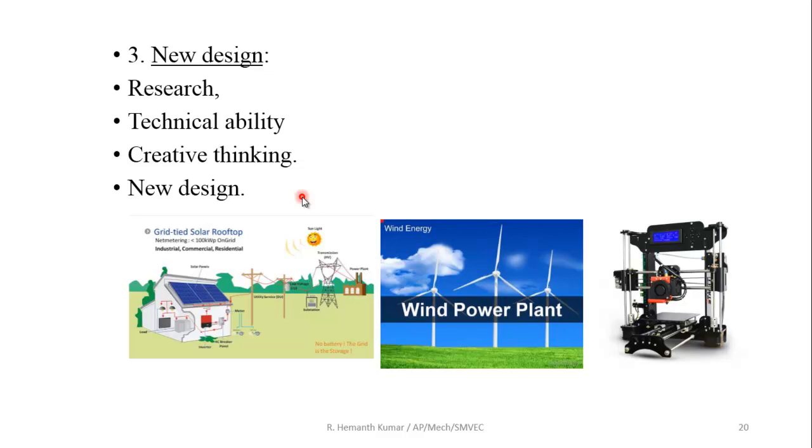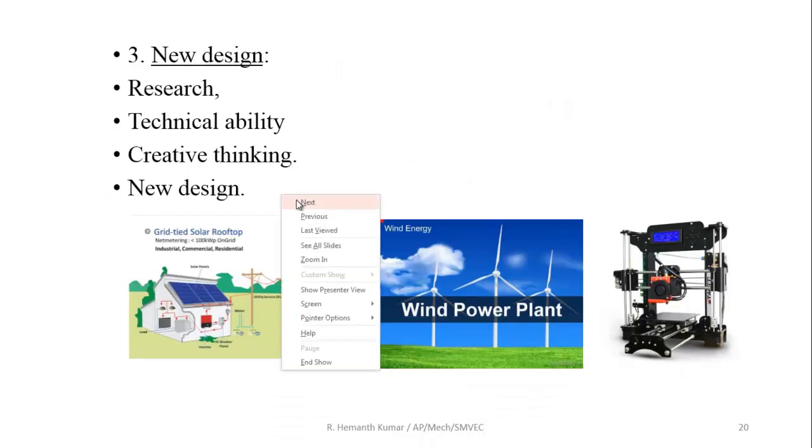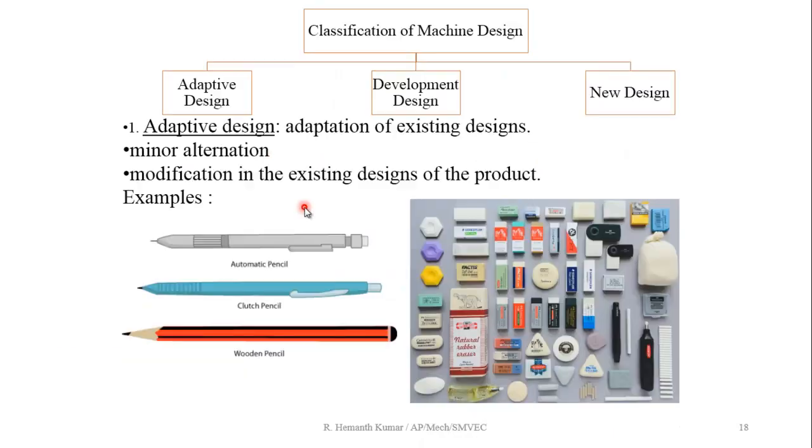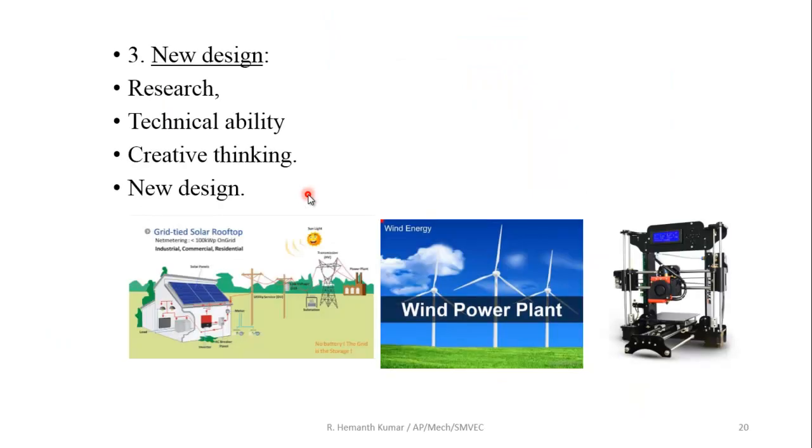It will be somewhat new technology. So new design is somewhat new technology. In the case of machine design, the three types we just saw are types based on process. The next method, there is another classification.